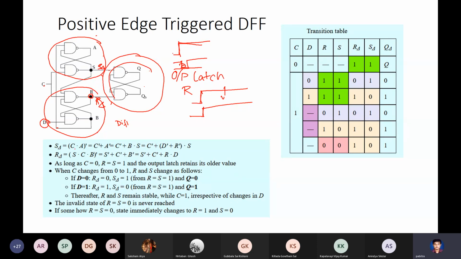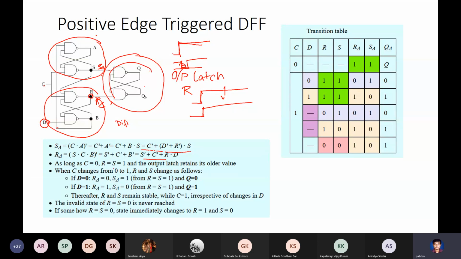If you analyze this latch, again with the simple technique, inputs and current Q, you will see this is the diagram. So S delta, the differential S, is CA prime. And if you substitute for A, you will see that this is what it becomes. Similarly, R delta becomes this.